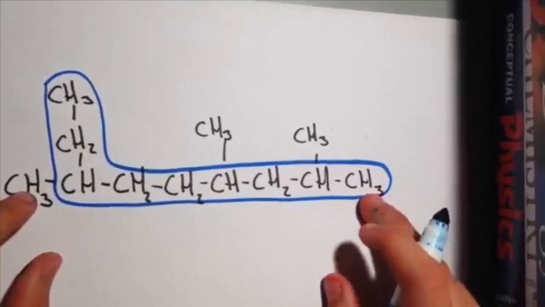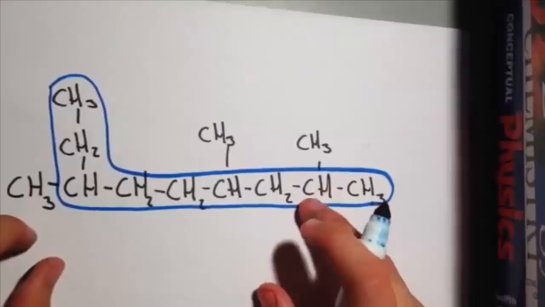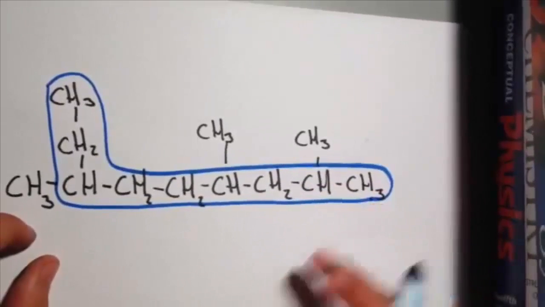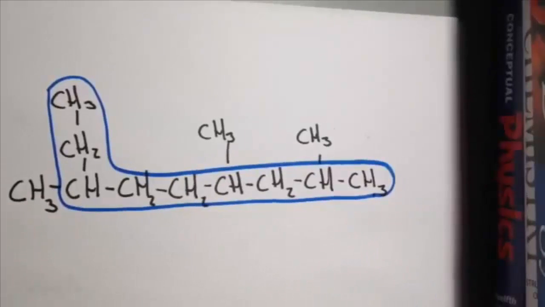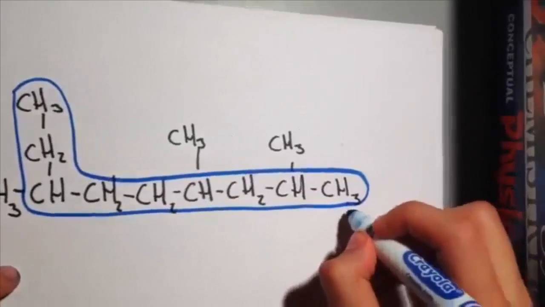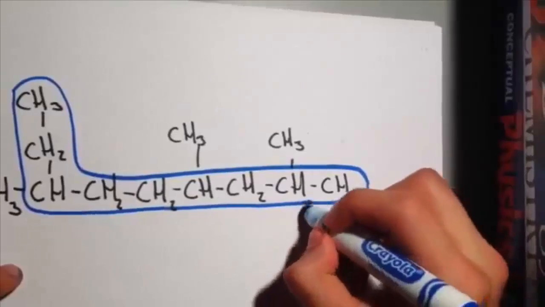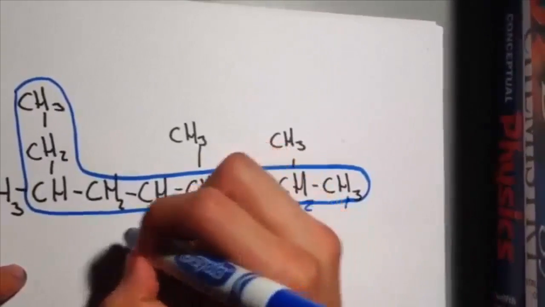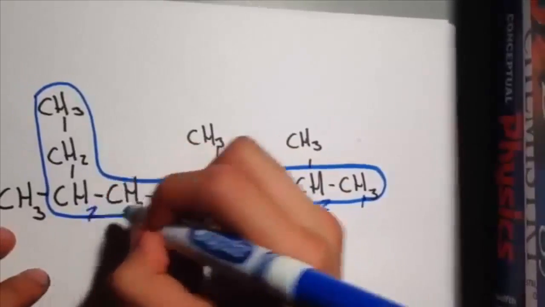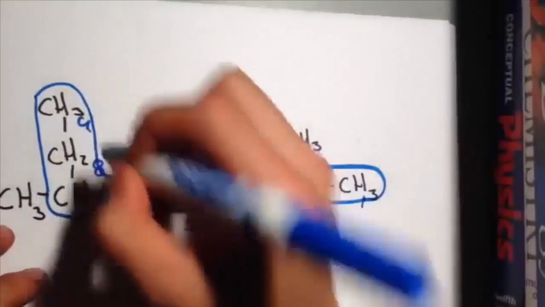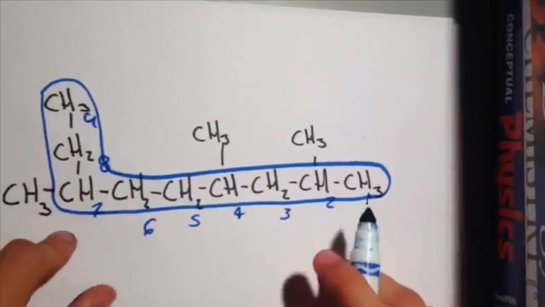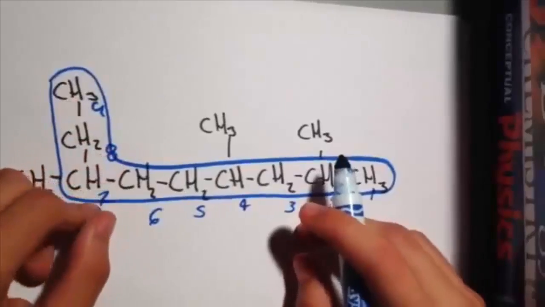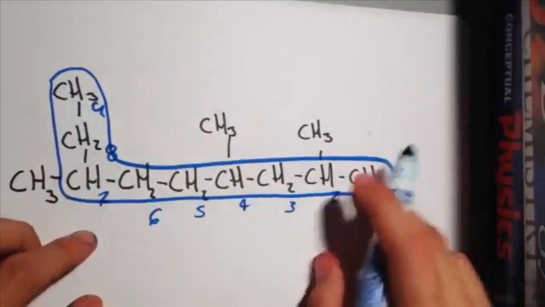But if I start at this point, it's 1, 2. So I need to start at this point because it gives the lowest number. So I number 1, 2, 3, 4, 5, 6, 7, 8, and 9. In this case, we can say this structure has 9 carbons.